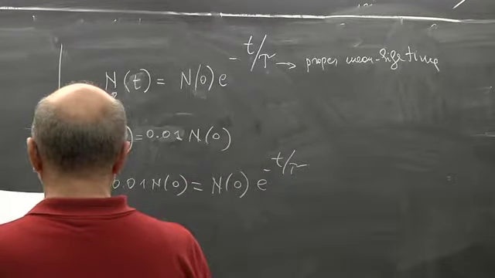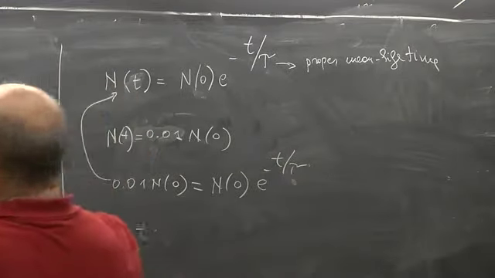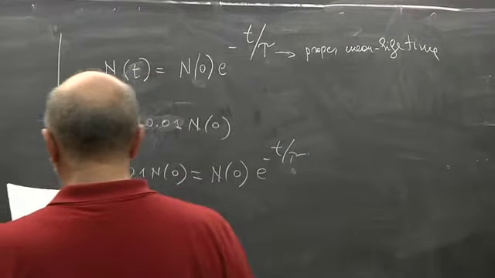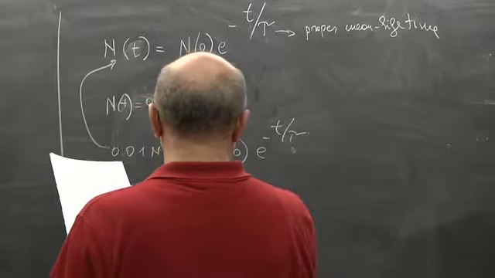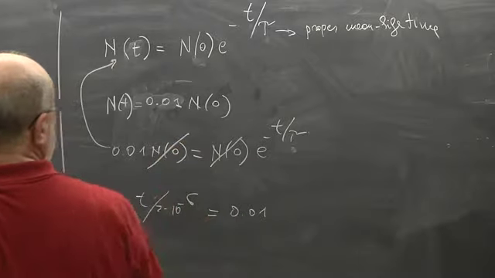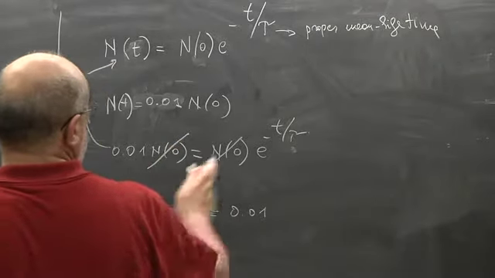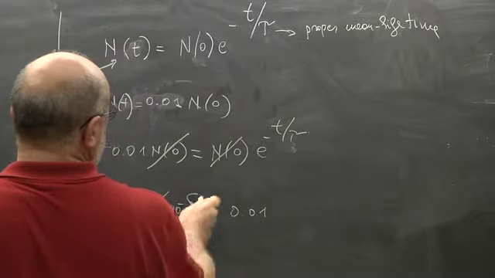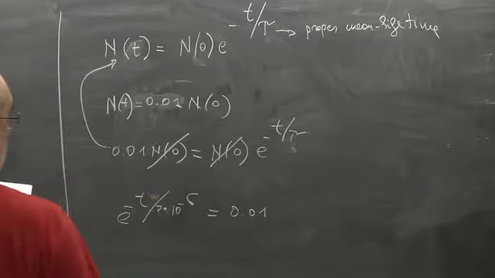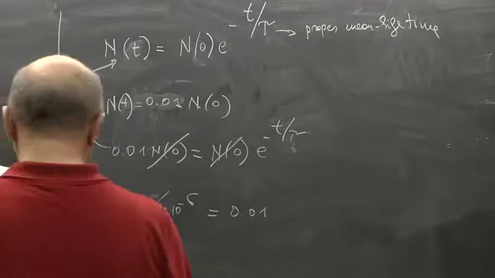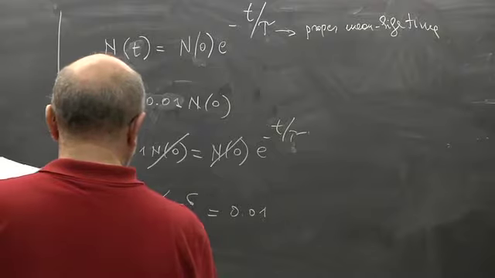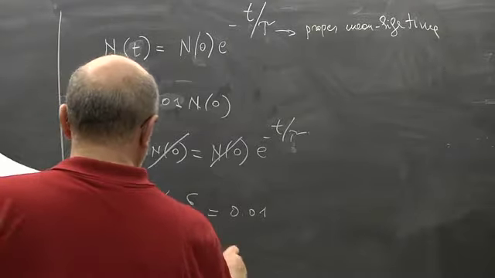Tau is given as 2 times 10 to the minus 6 seconds, so e to the minus t over tau equals 0.01. I cancel N0, and for tau I put 2 times 10 to the minus 6. You solve this equation by taking the log, and you get t equal to 9.22 times 10 to the minus 6 seconds.